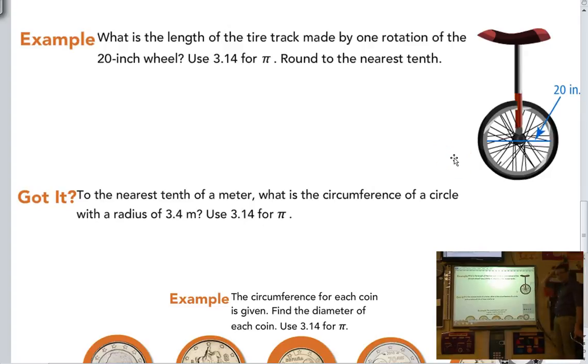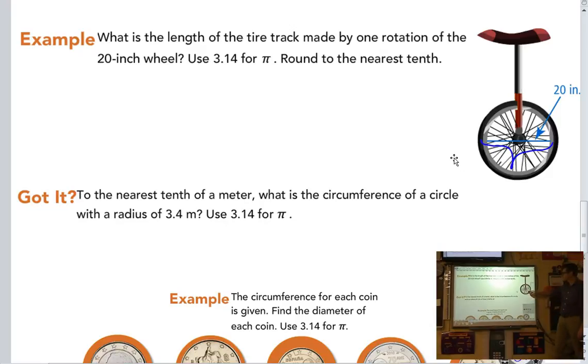So, what is the length of the tire track? Like how far one rotation could go if this wheel is 20 inches across. So it's a standard size bike tire. If that's 20 inches across, then Andrew, what else do I know about that tire? If it's all the way across, which one is that?